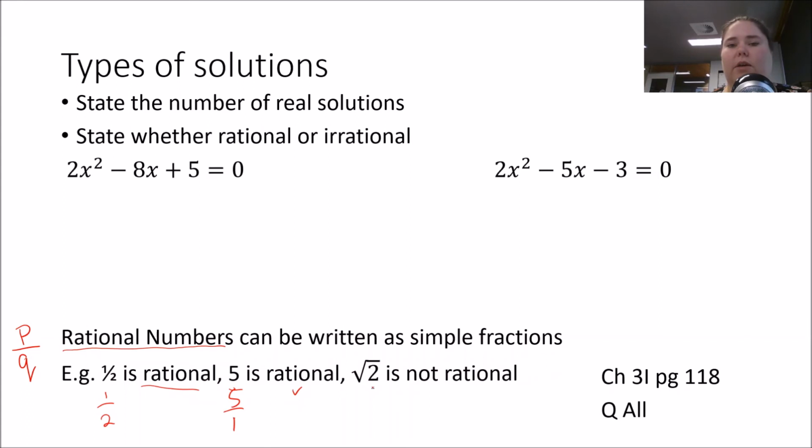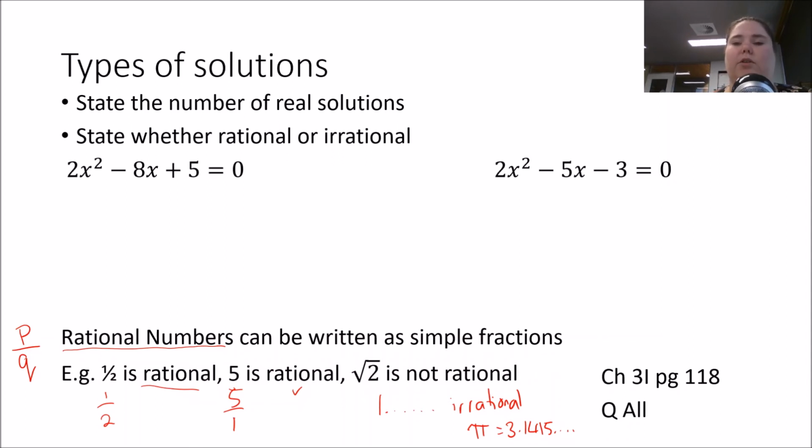Square root of 2 cannot be written as a fraction. It ends up as 1 point something, something, something. Because we cannot get that into an actual fraction, that is irrational. Another irrational one is pi. Because pi is 3.1415, continuing on, we can't get that into a fraction, so that is irrational.